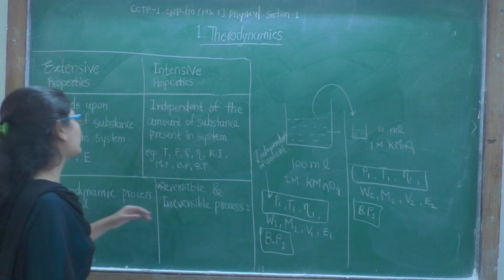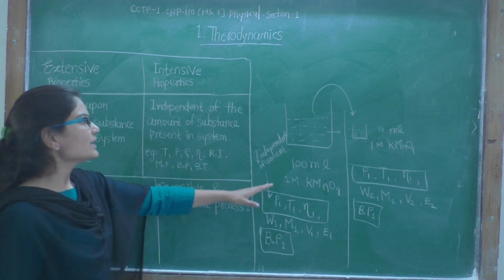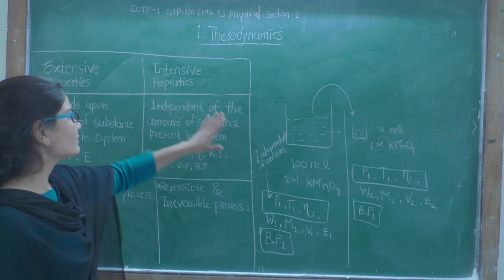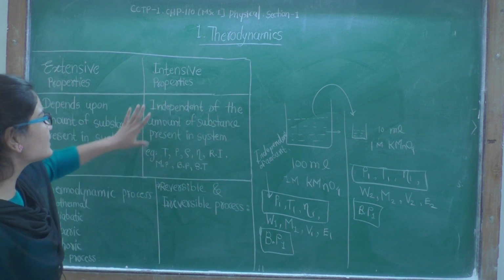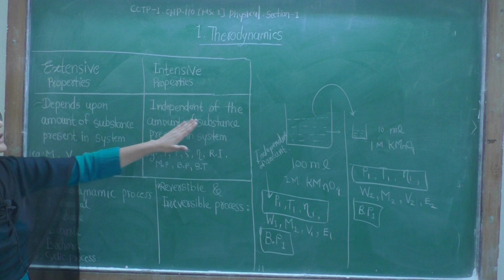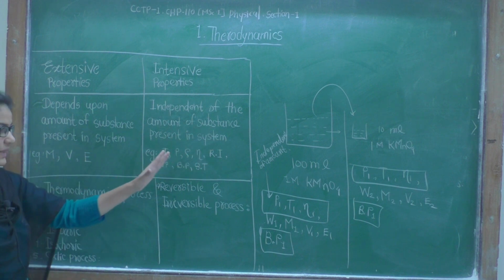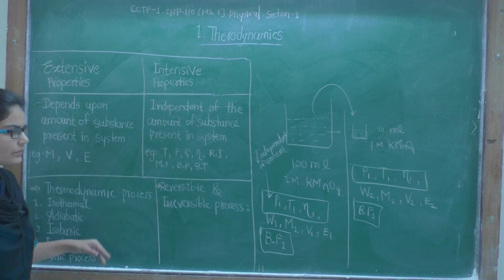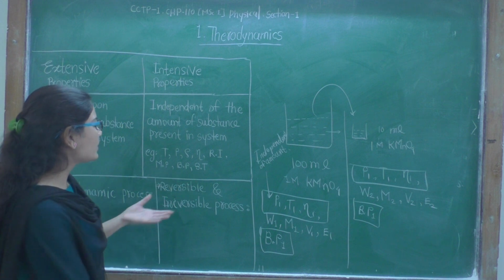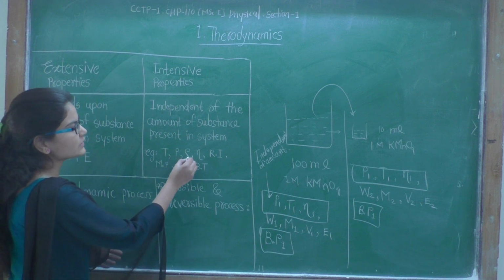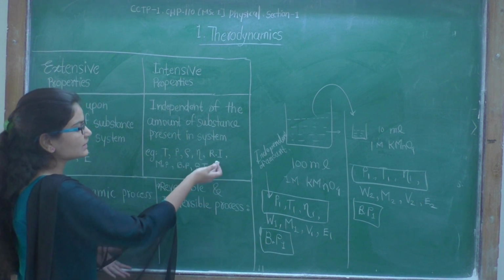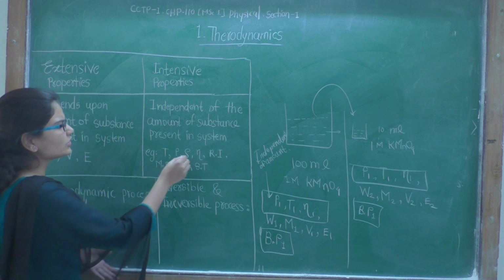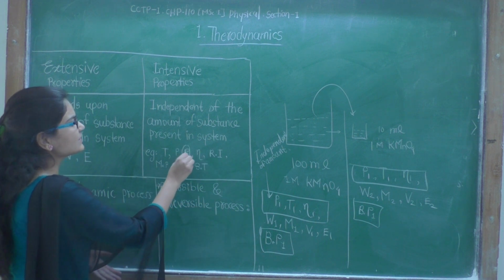These properties are called intensive properties, which are independent of the amount of substance present in the system. Which are those properties? Temperature, pressure, viscosity, refractive index. Sorry, resistance is not, this is density.